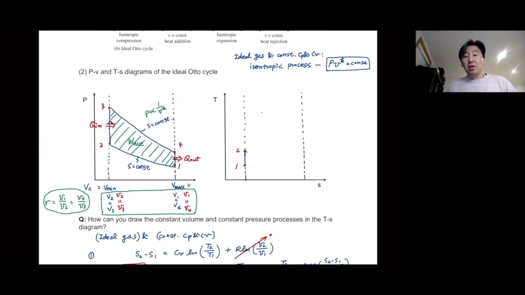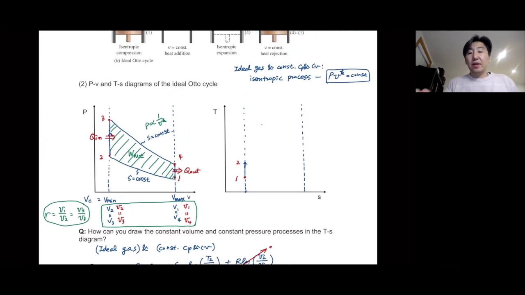So now let's move back to the TS diagram. What I can draw for the constant volume process in the TS diagram is that. Then that is 3. Then we have 3 to 4.